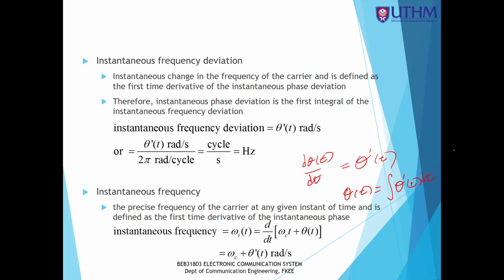So this is the instantaneous frequency deviation, which is the frequency variations of the carrier in a given instant of time. And then we have another parameter what we call instantaneous frequency, which is the first derivative of omega ct plus theta t. So we get omega c plus theta prime t. Omega c is 2 pi fc.